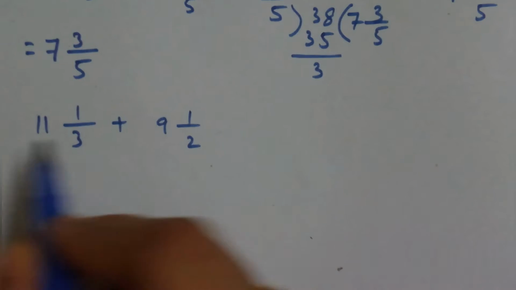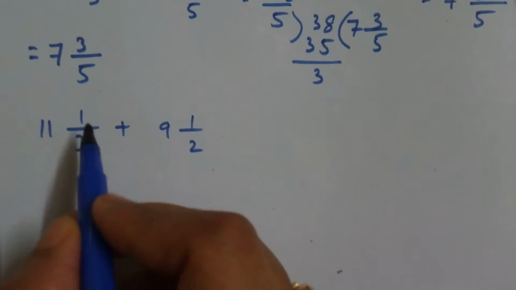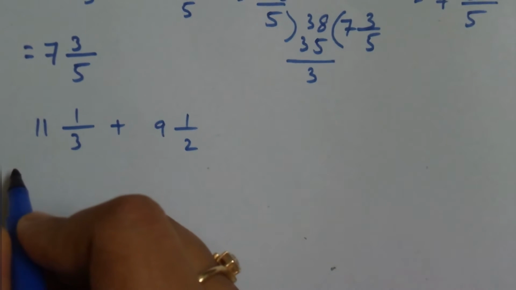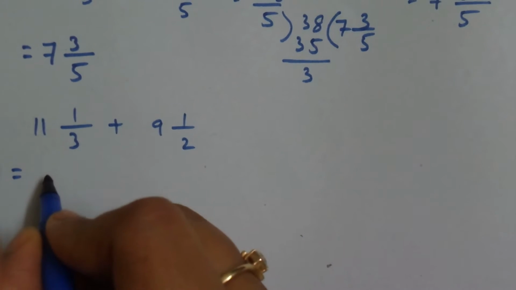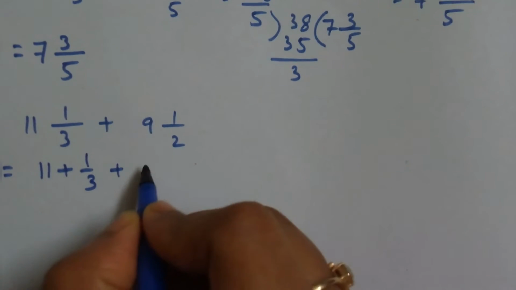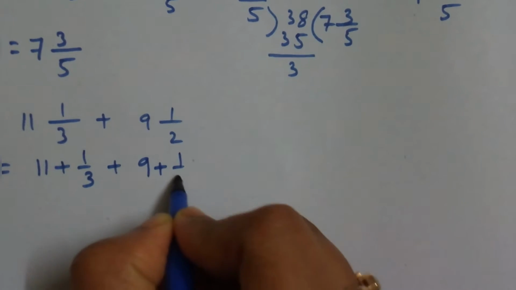See, this is the second example. 11 1 by 3 plus 9 1 by 2. So how can you write this? You can write this as 11 plus 1 by 3 plus 9 plus 1 by 2.